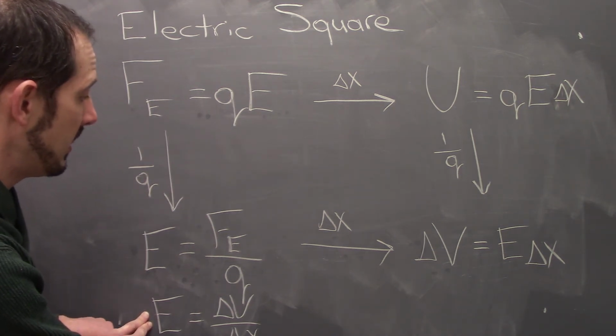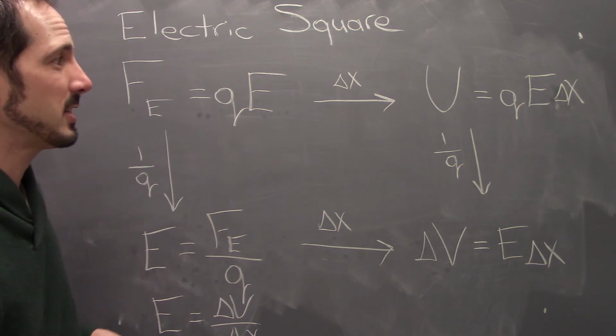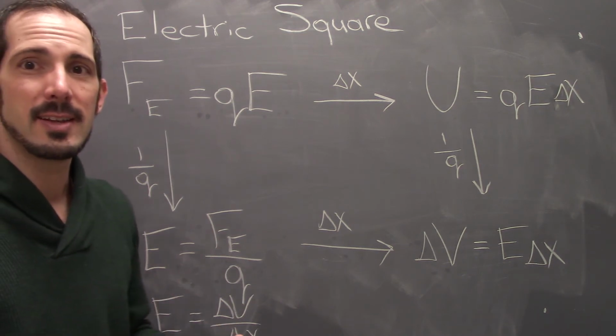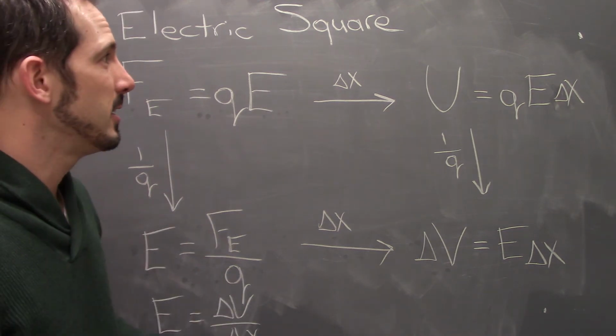If we want to say, what is the change in electric potential energy, and how does that get converted to, say, kinetic energy?